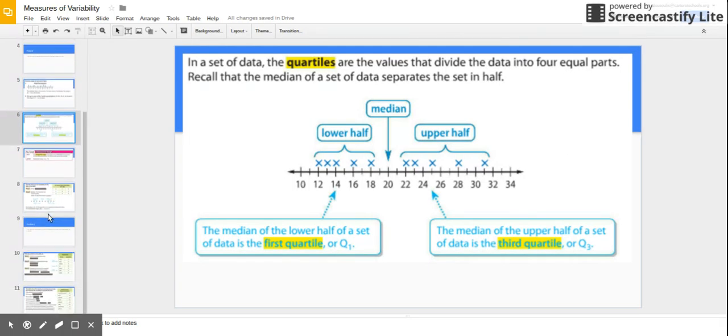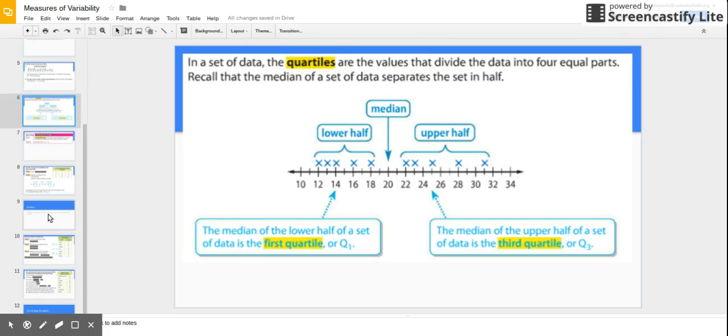In a set of data, the quartiles are the values that divide the data into 4 equal parts. Recall that the median of a set of data separates the set in half. So we always say that the median is the middle number. The median of the lower half of a set is called the first quartile, quartile 1.